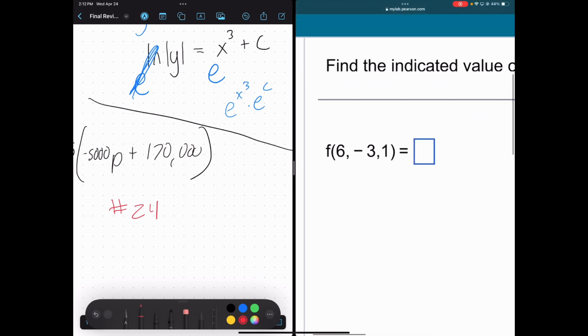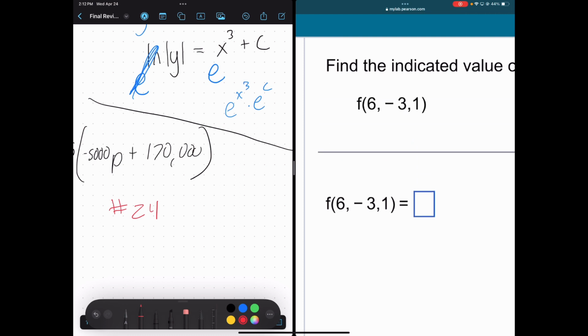What is 6 going to be? X, right? Plug that in for your X value. Negative 3, plug it in for your Y value. Positive 1, plug it in for your Z value.